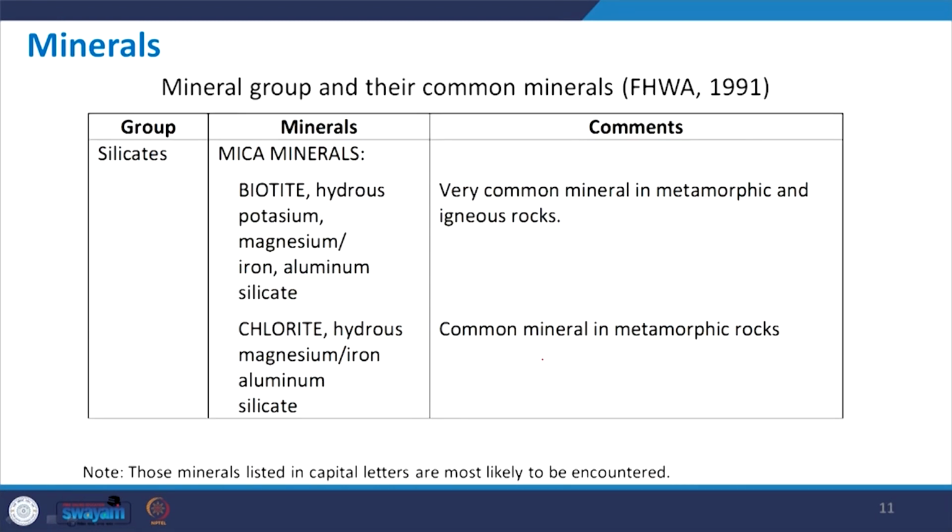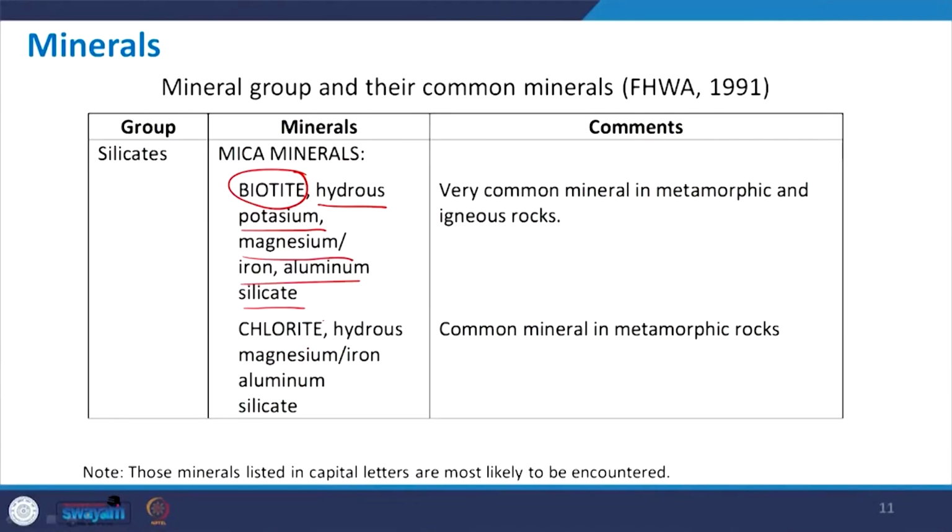Coming to the next category of mica minerals, this is biotite, which can be identified as hydrous potassium, magnesium, iron or iron, aluminum, silicate, and these minerals commonly occur in igneous as well as metamorphic rocks. Then the next category includes chlorite.